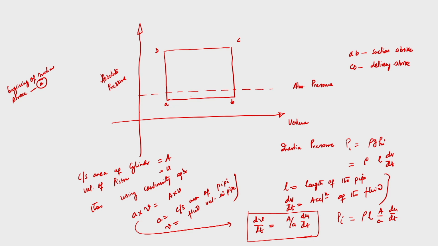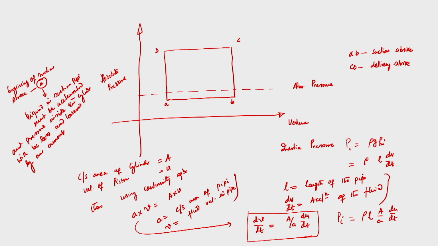So at the beginning of the suction stroke, that is point A, the liquid in the suction pipe must be accelerated, and the pressure inside the cylinder will be lowered by an amount.